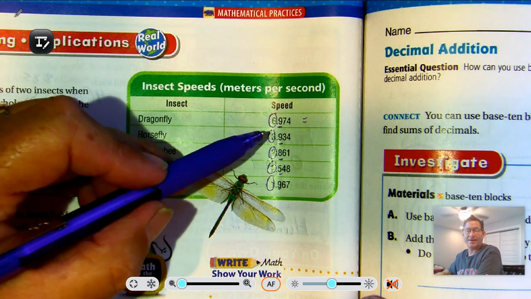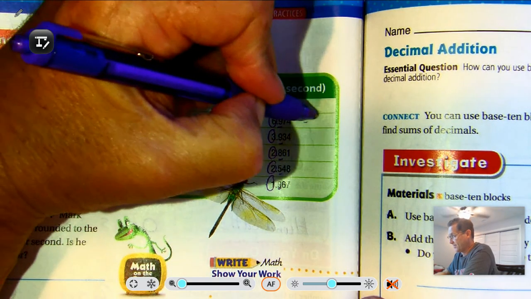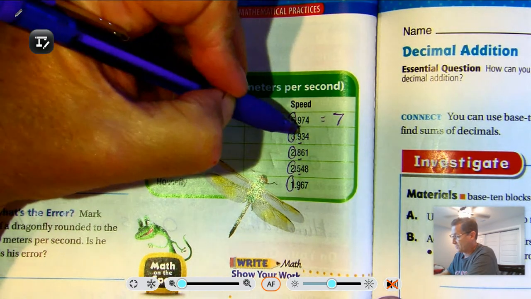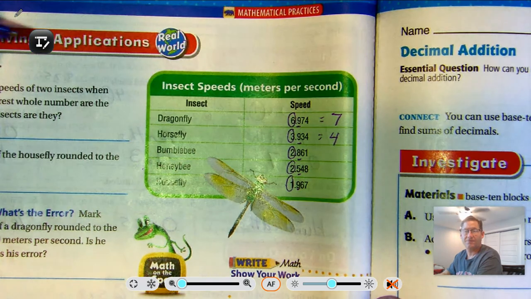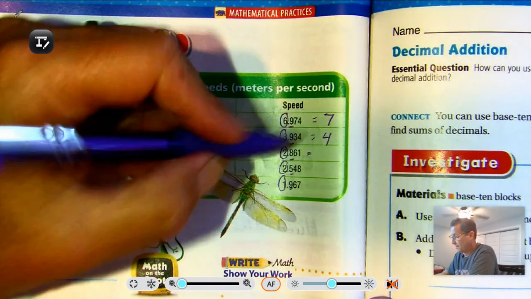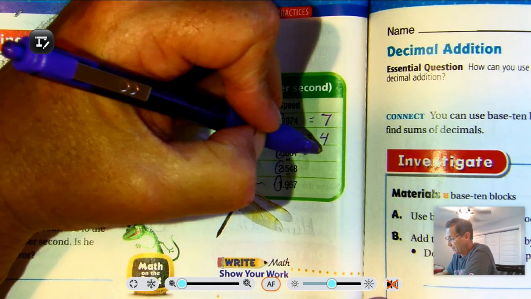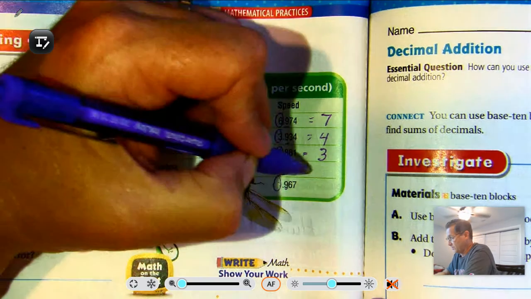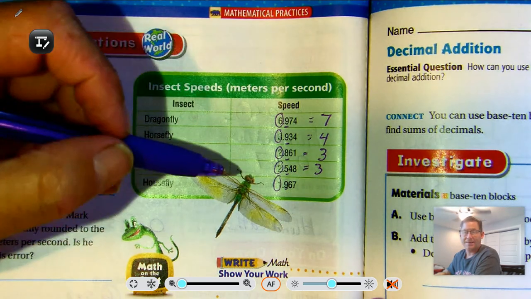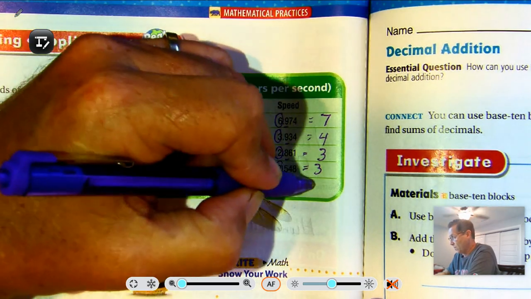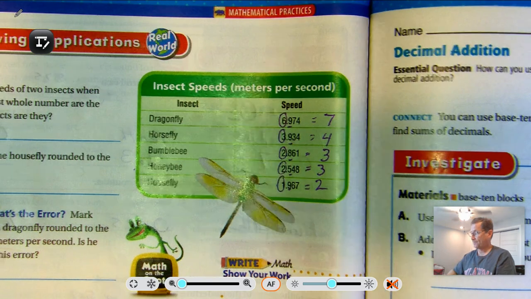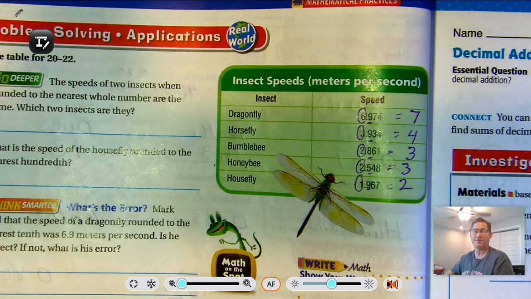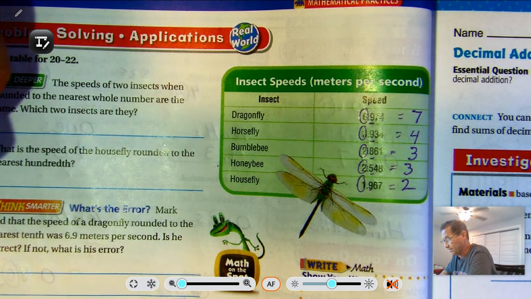If we round 6.9 to the nearest whole number, 9 is greater than 5, so we round that to 7. 9 is greater than 5, so we round that to 4. 8 is greater than 5, so we round that to 3. 5 is equal to 5 or greater, so round that to 3. And 9 is greater than 5, so round that to 2. Which two insects have the same speeds when rounded to the nearest whole? The bumblebee and honeybee.